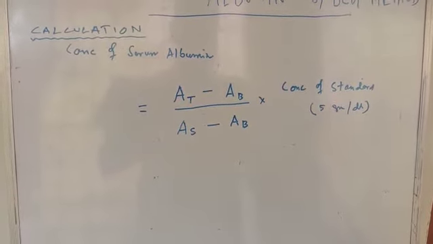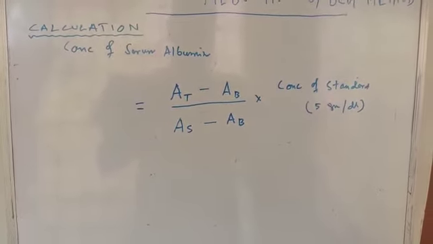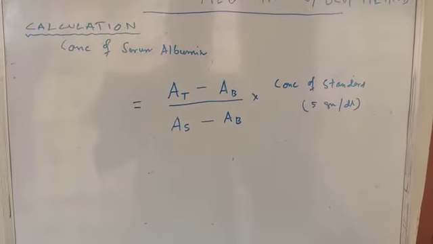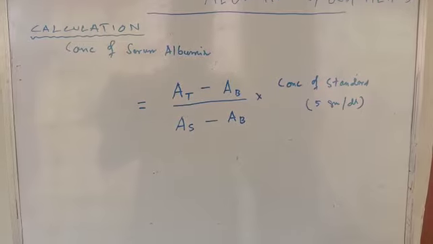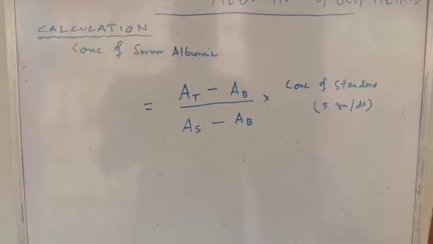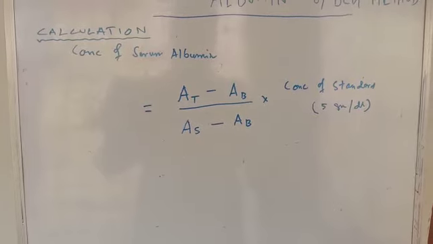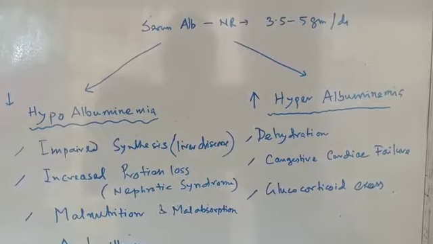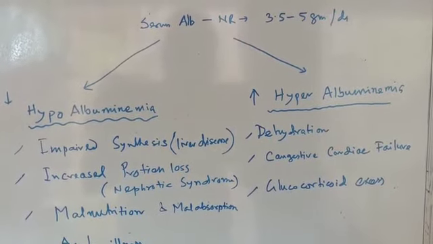Putting all the values, we can get the concentration of serum albumin in gram per dl unit, and the concentration of standard kept in the laboratory is 5 gram per dl. Normal range of the serum albumin is 3.5 to 5 gram per dl.